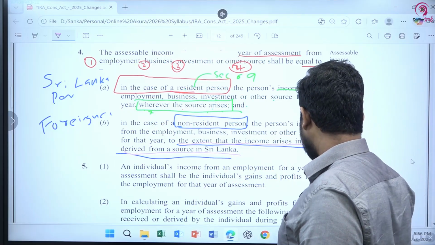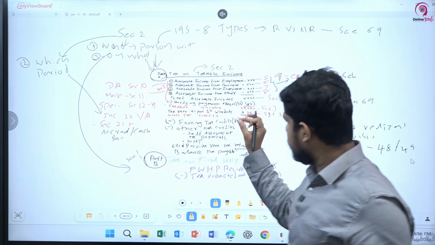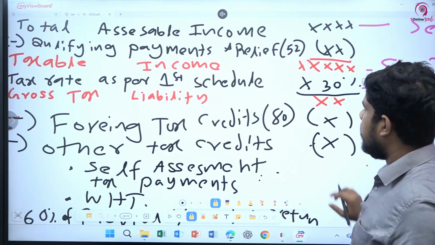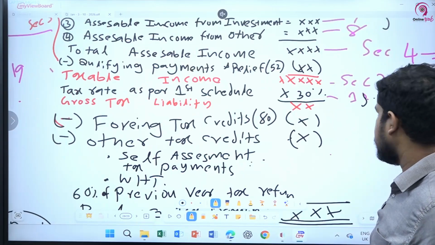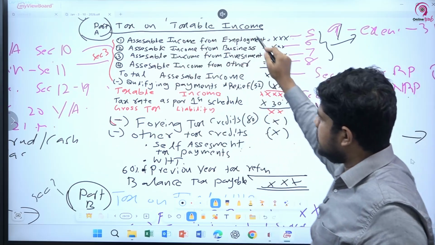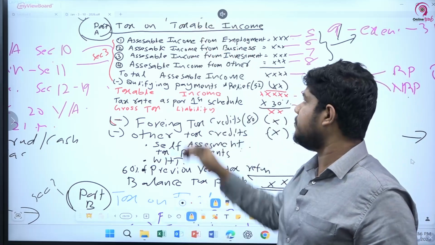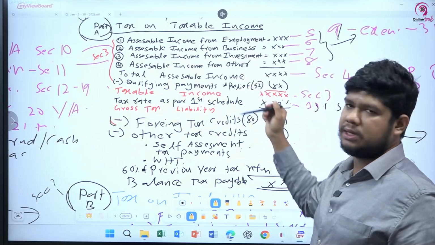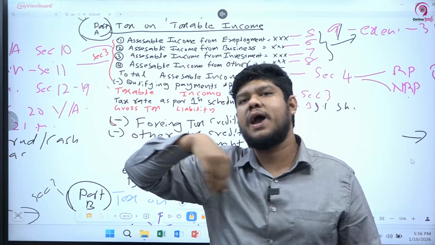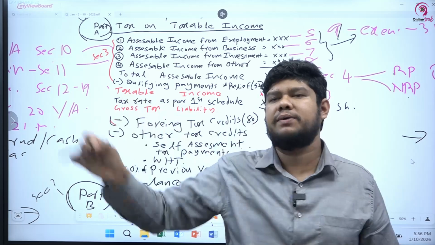So in simple terms, students, I'll say this. Now you are computing assessable income for each person. The assessable income for a resident person from each of these sources would be income anywhere in the world.